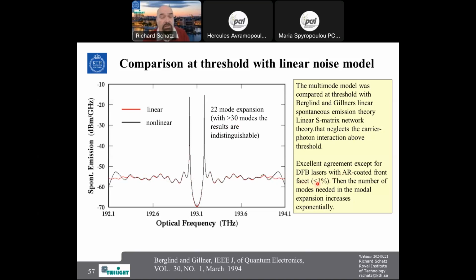If you have 1% reflectivity, 50 modes or something like that is good. But if you go below 0.1% reflectivity, then you need hundreds of modes to describe the spectrum in this modally resolved model. So this LaserMatrix model above threshold, the nonlinear model, is not working well for these lasers with perfectly AR-coated front facets.